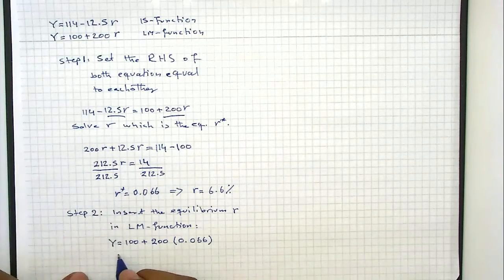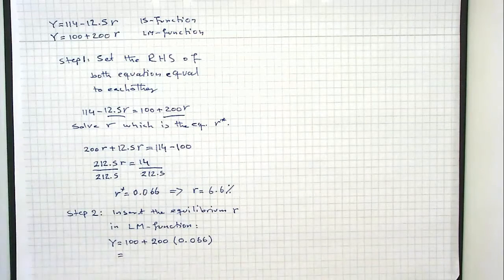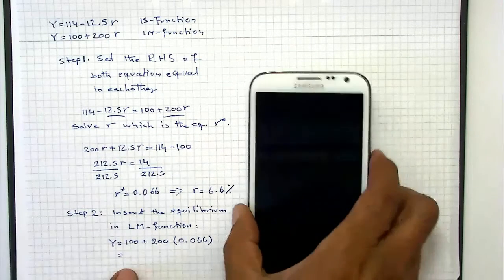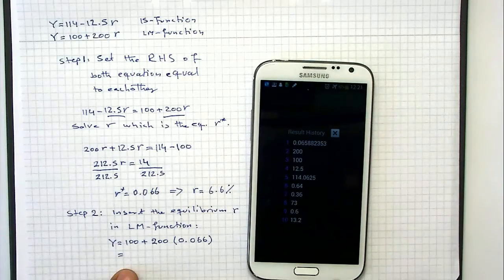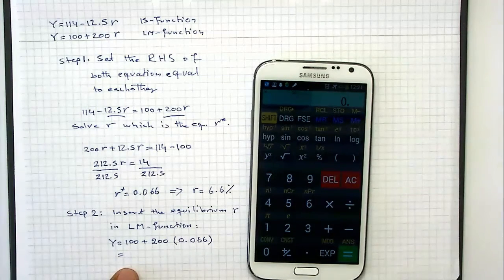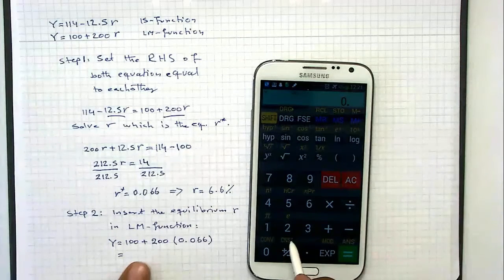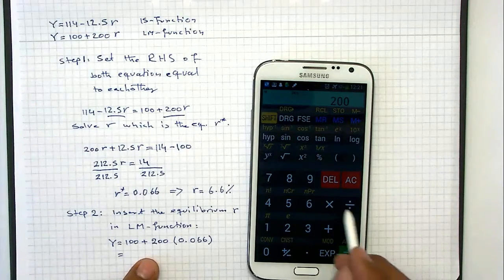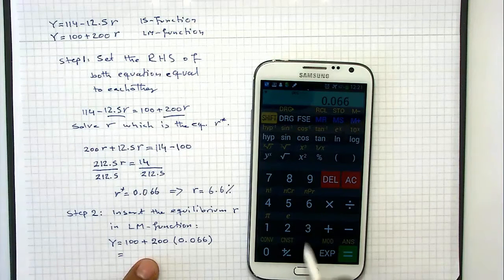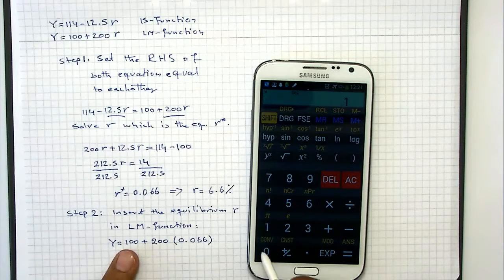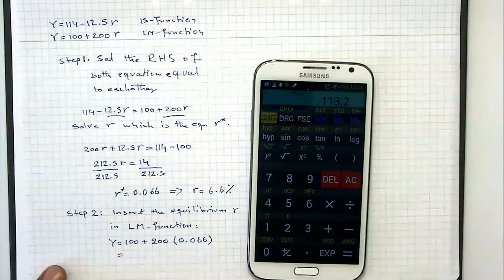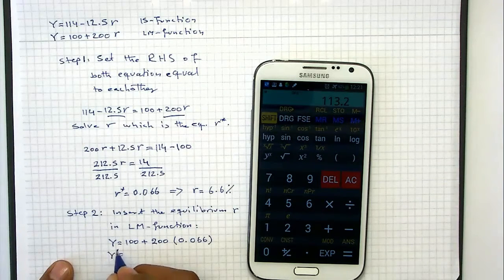This way I get my equilibrium national output. So I first multiply 200 with 0.066. It is equal to 13.2, then plus 100. So I have y equilibrium equal to 113.2.